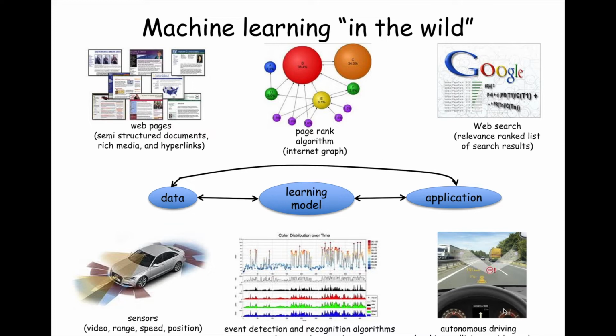Now, if you imagine the top row here, you have web pages. Web pages have text, images, links, all sorts of stuff. It's so-called semi-structured documents. So that's your data for something like a Google search. And Google search is a so-called relevance ranked list of results. That's the application.